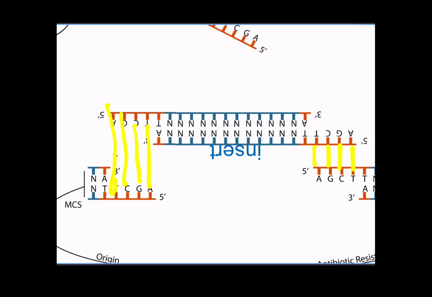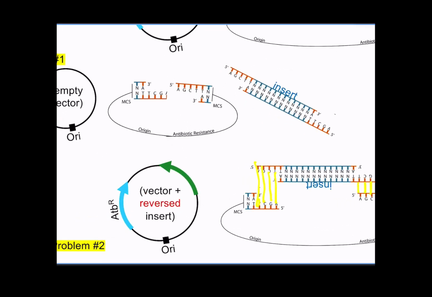But for now, let's just go with the idea that inserts often should go in a given orientation into your vectors, and when you have these restriction digests with only one enzyme that generates the same sticky ends on both ends of your insert, the insert could go into your vector either way. So those are two very common problems.